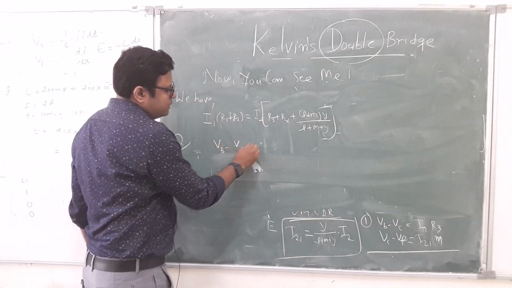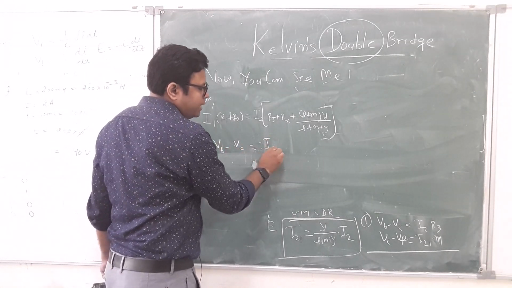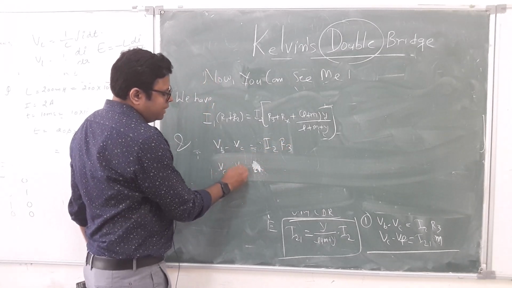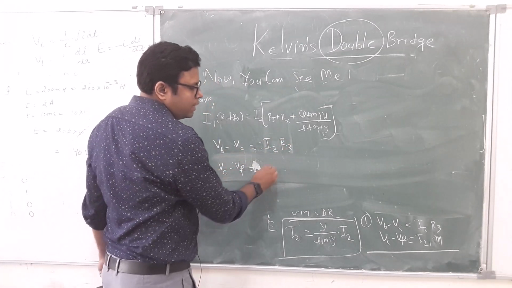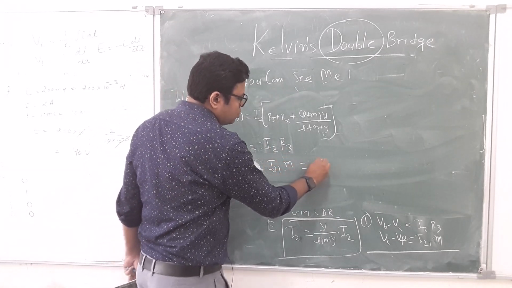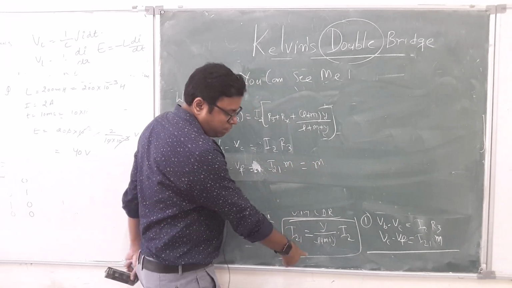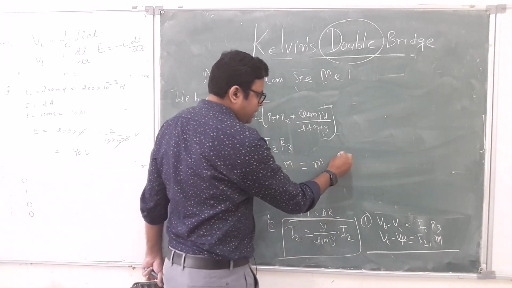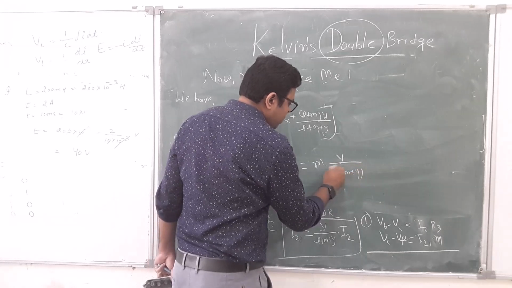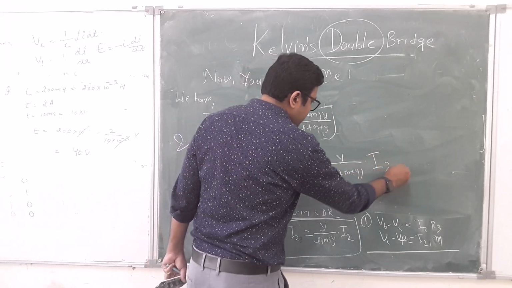VB minus VC is I2 R3, VC minus VF is I21 into M. So M into I21 from here will be Y by (L plus M plus Y) into I2.